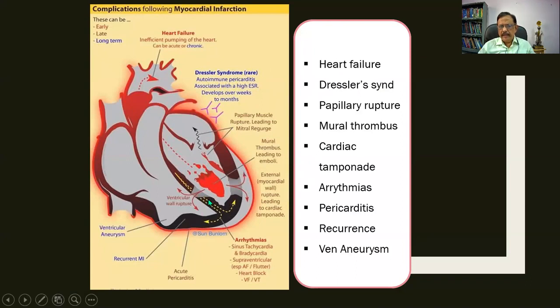Arrhythmias, look at this yellow line, you find that the bundle of His, etc., and the fibers are being upset and you get an arrhythmia. Pericarditis, when there is an inflammation, recurrence, of course, there can be recurrent myocardial infarctions, aneurysm, the dilatation that we are seeing over here. Please do remember a nice picture for you to review at the last minute.